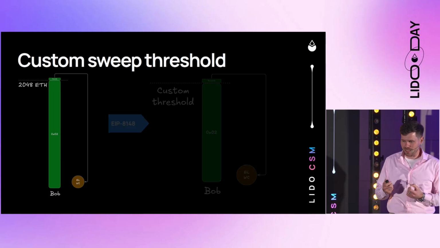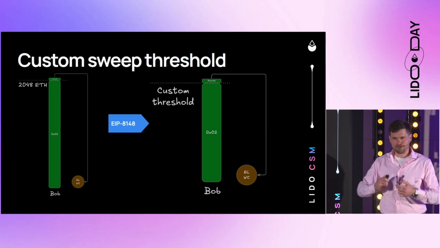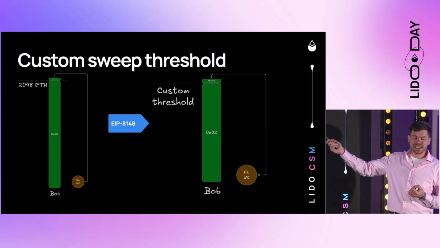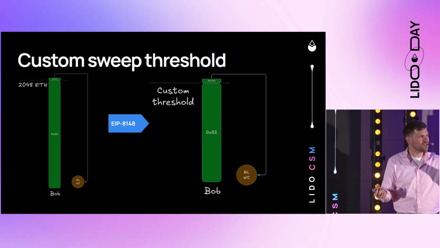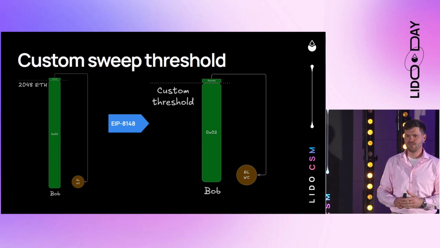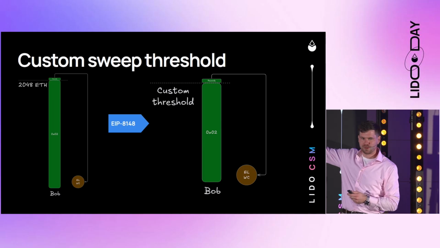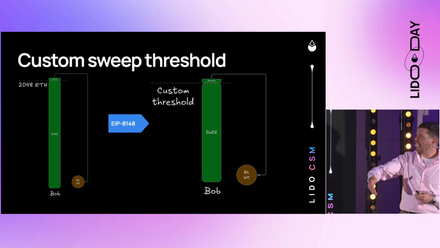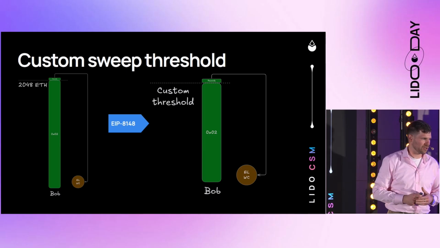With EIP 8148, imagining this EIP is implemented, Bob is now able to set a custom threshold, a custom value between 33 ETH and 2048 ETH, for each validator Bob is running. So up to this value, he will accumulate balance, deposits, rewards, you name it. And after that, all of the rewards will be sent to the execution layer withdrawal credentials.